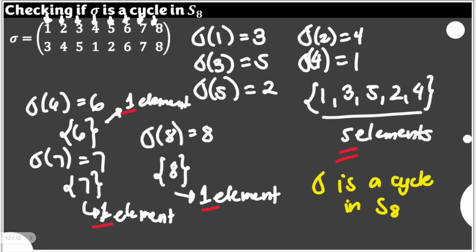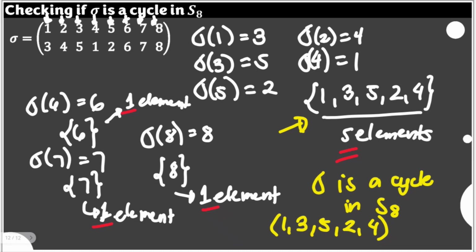Now, before we end this video, once we can determine that a certain permutation sigma is a cycle in S8, we can establish it in this notation. Since this is the orbit with 5 elements, or more than 1 element, you have here 1, 3, 5, 2, and 4 in that exact order.